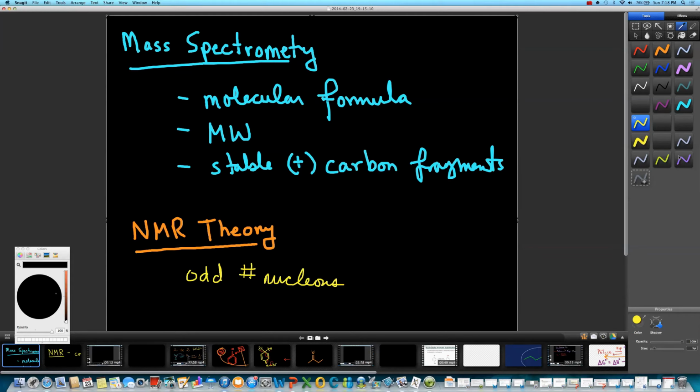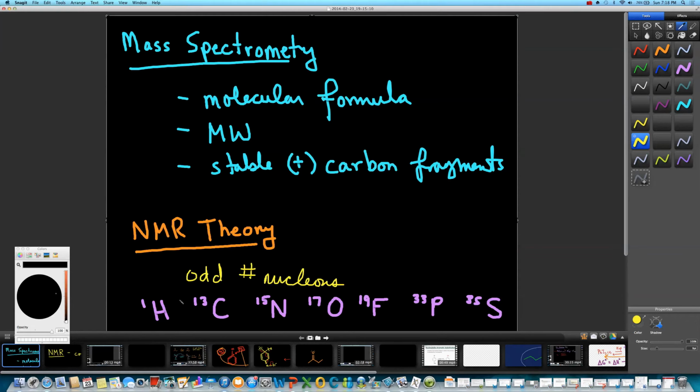So some of the more common nuclei that we encounter in organic chemistry will be hydrogen 1, carbon 13, nitrogen 15, oxygen 17, fluorine 19, phosphorus 33, sulfur 35.